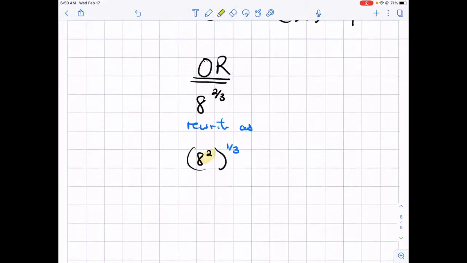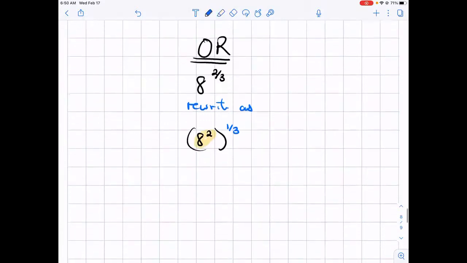Well, 8 squared becomes a big number. That is 64.